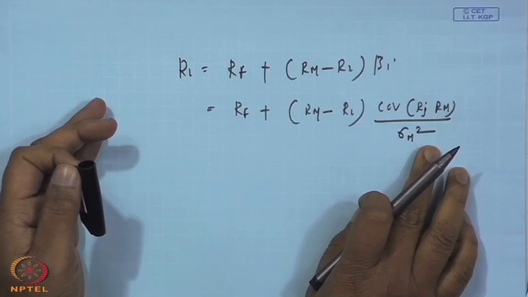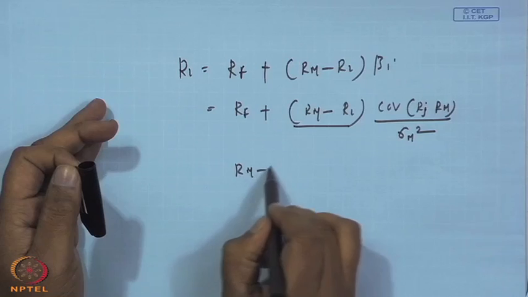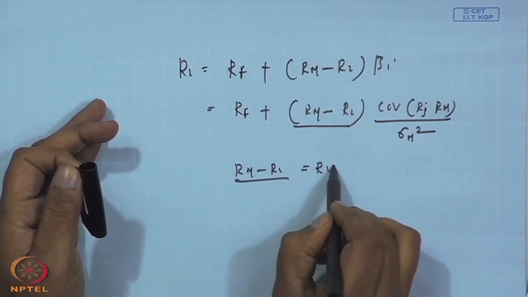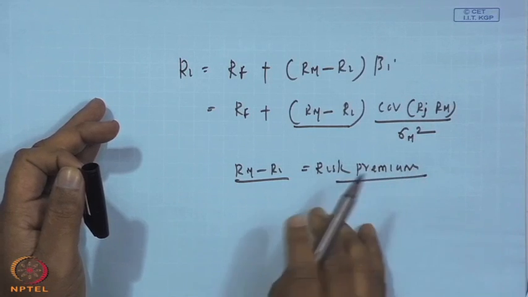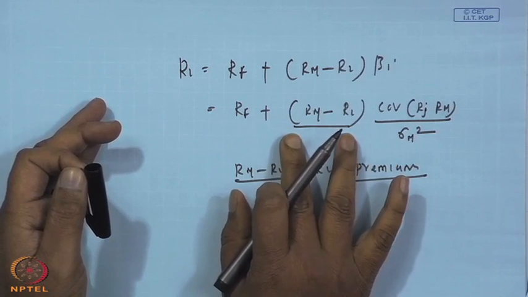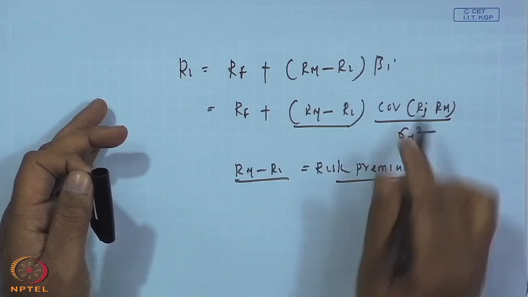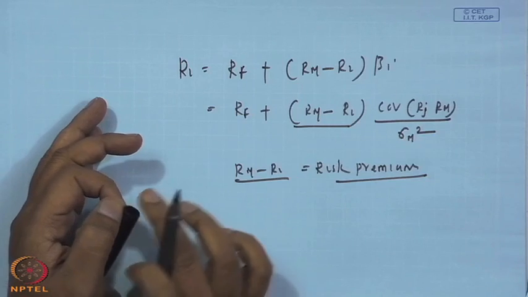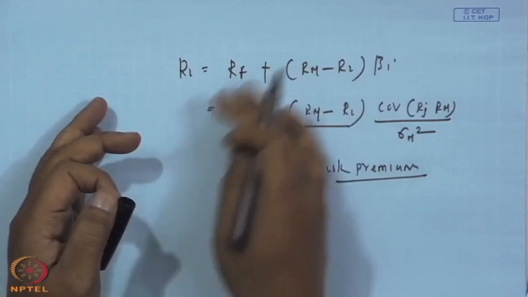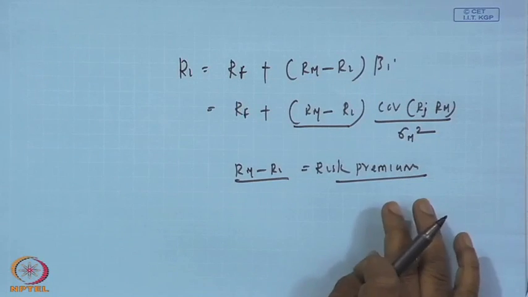Here RM minus RF is the risk premium, because by investing in the equity market I am supposed to get a premium beyond the risk free interest rate. RF is the risk free interest rate available in the market, and this tells us how to price an equity. But for equity in the international market, the capital asset pricing model will be different, and the pricing of the asset will differ from the domestic market.